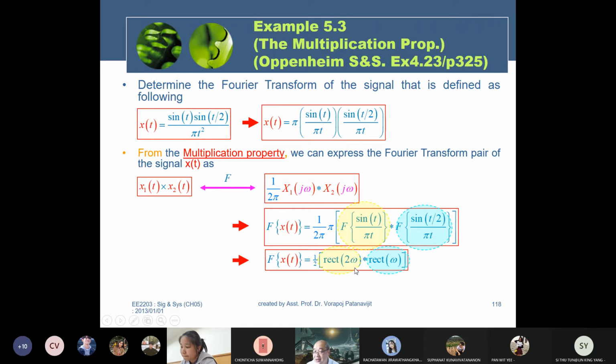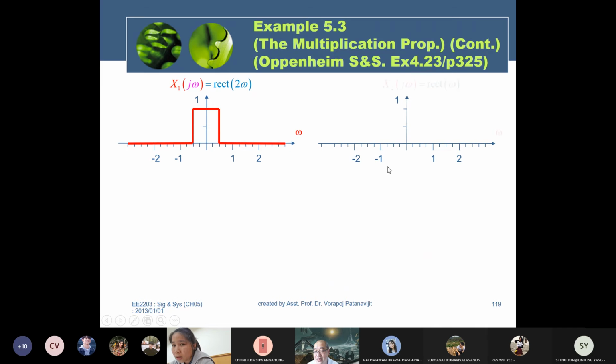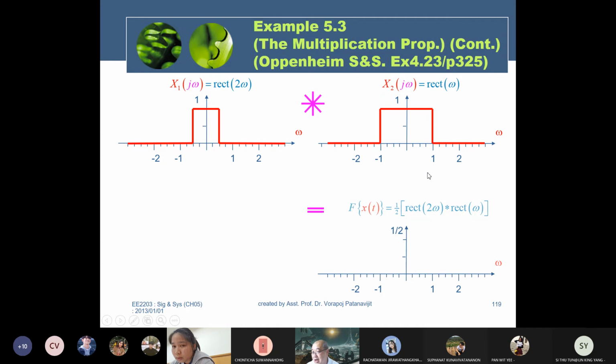Rectangle 2 and rectangle 3. When you see omega, it's the same as what you see in time t. You plot them first. The first rectangle is here, the second one is here. The convolution between two rectangles is an easy one, right? I think everyone knows how to do it. You fix one, maybe fix x2, then flip x1.